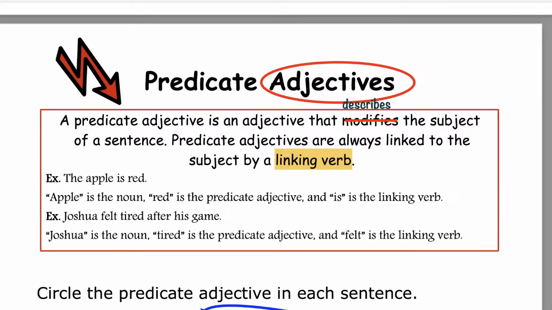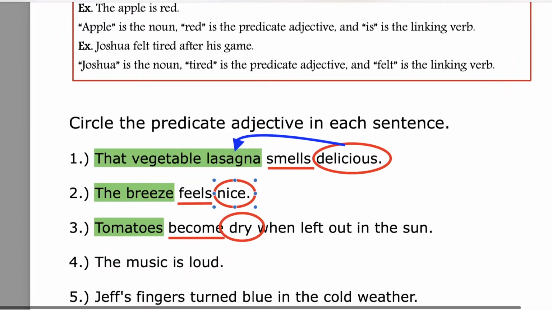All right? Predicate adjectives describe, let me see if it's going to let me highlight that. Probably not. The subject of a sentence. Okay, we're not going to worry about it.